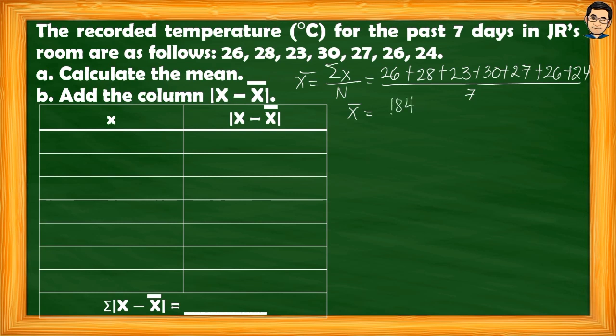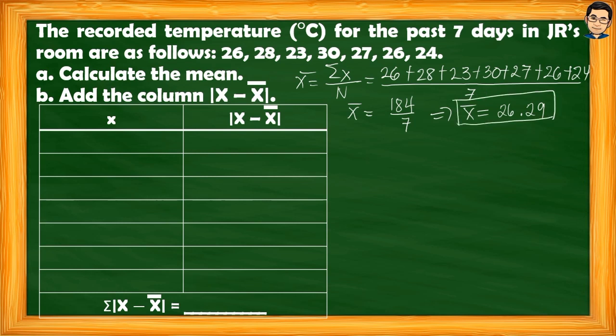And then, i-divide natin yung 184 sa 7. So, yung mean natin is 26.29. So, approximate lang yan. So, 26.29.